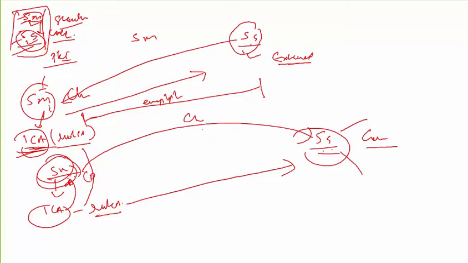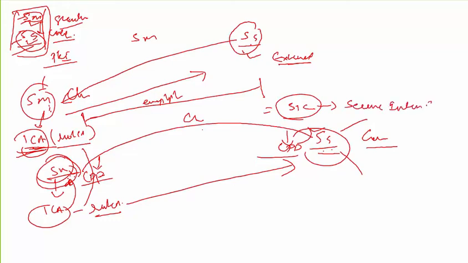When you are doing this type of certificate exchange, the process involved in between is called CPD, the daemon running on both SM and SG. CPD is the process that exchanges the certificate between SM and SG, and this process is called SIC, which means secure intercommunication. So when you are exchanging any certificate or any type of communication happening between them, this is called SIC, and SIC relies on the CPD process.